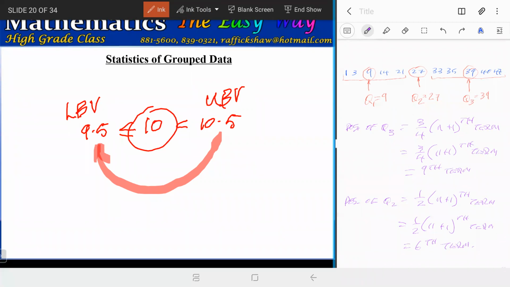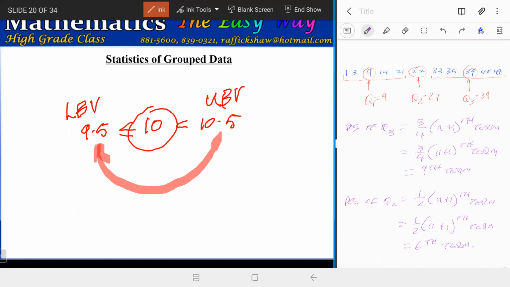These are the values that can be taken to be equal to 10. Anything 9.5 or more, and anything less than 10.5, can be taken as 10. And we round it off to 10 in statistics, especially for measurement data. But do you understand that?